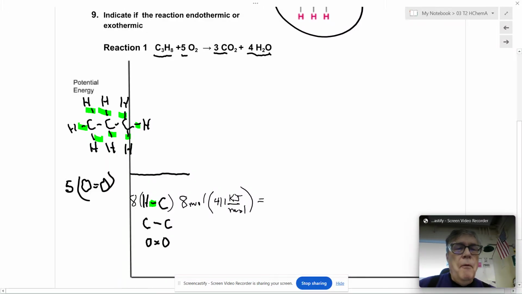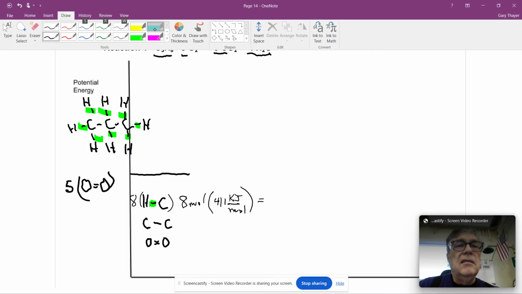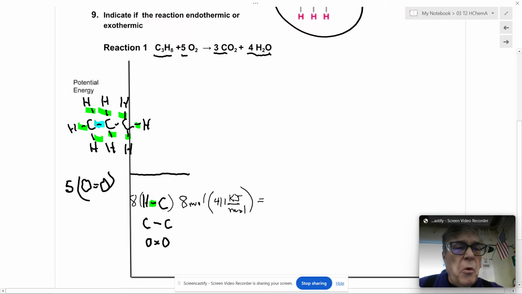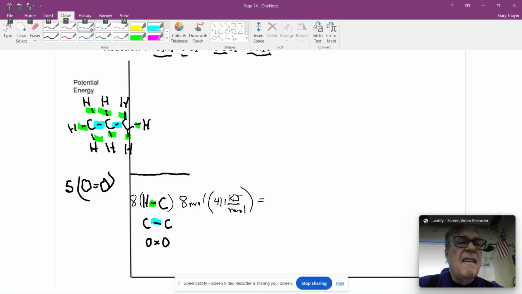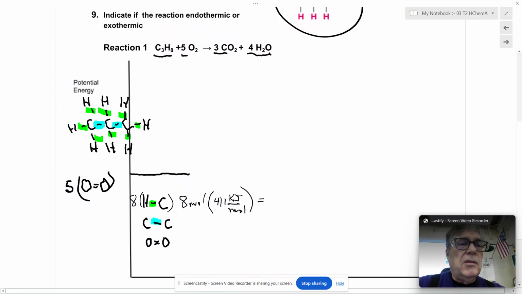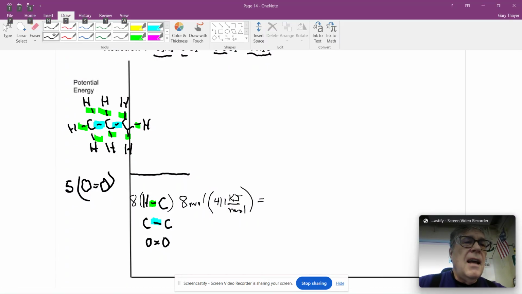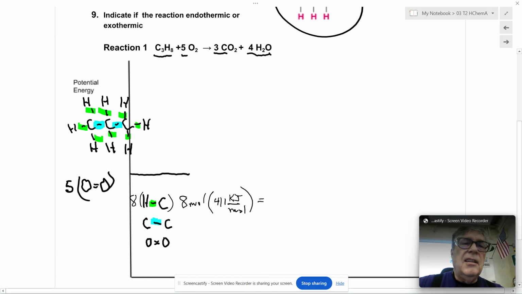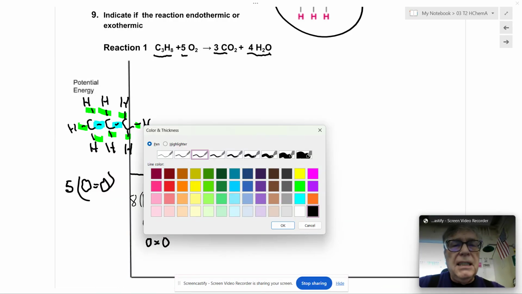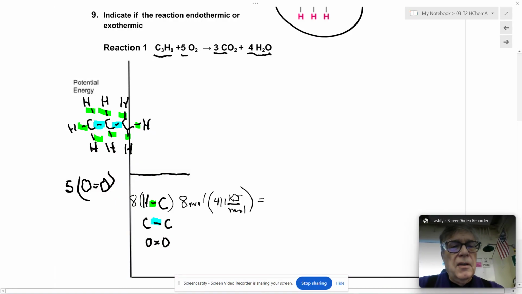We have how many of the carbon-carbon single bonds? That's this bond right here that I'm highlighting in blue. So it appears there are 3 of those.